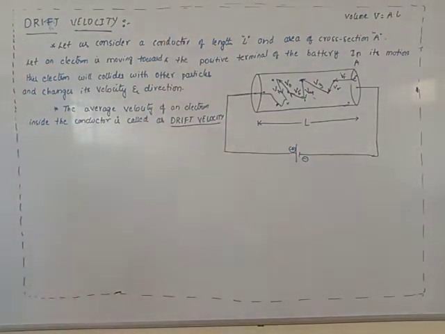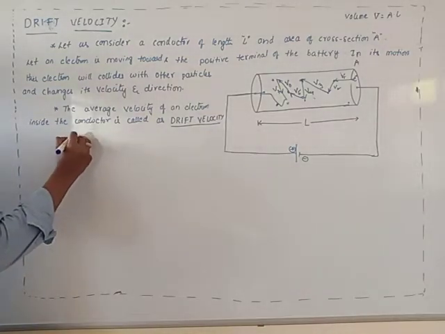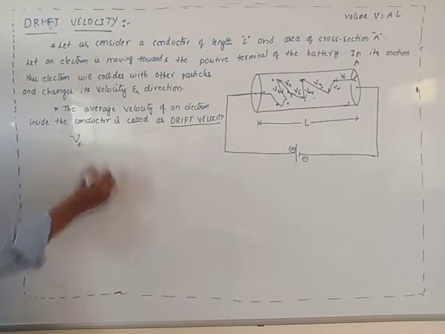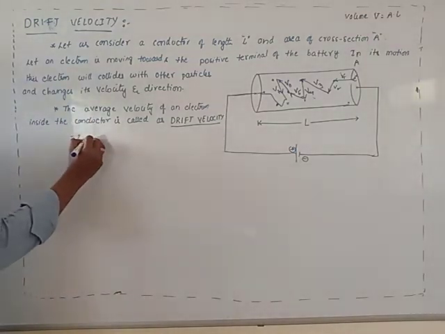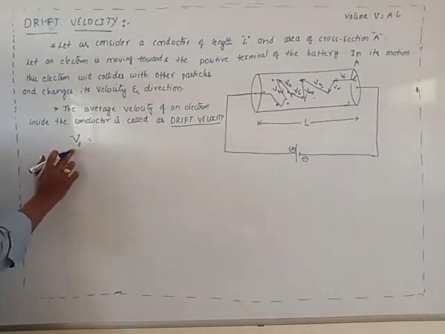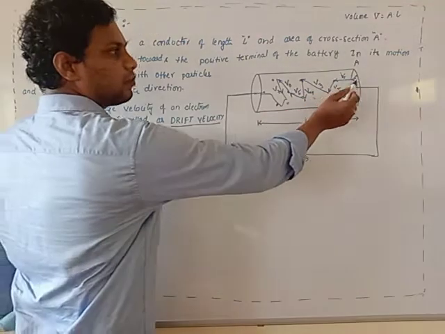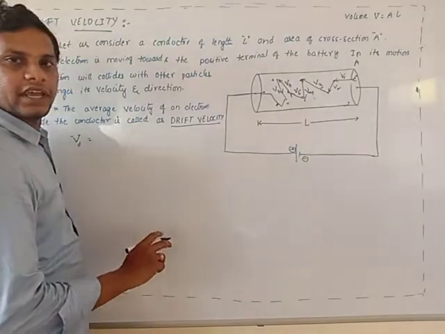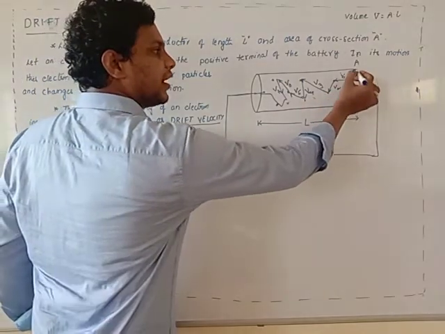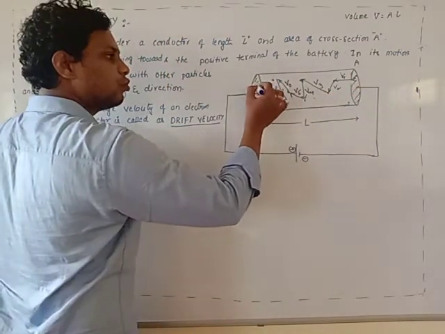Clear? That is called drift velocity. Now that drift velocity is represented with a letter, for example v suffix d, which is equal to, now remember, velocity formula is displacement by time. What is the displacement of this electron? Let us say the electron moved from this right end to the left end.